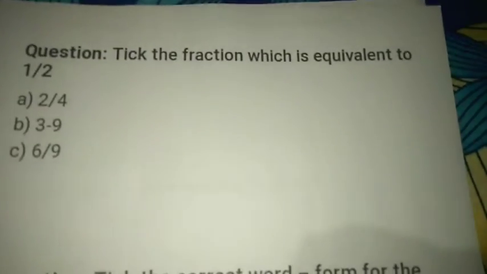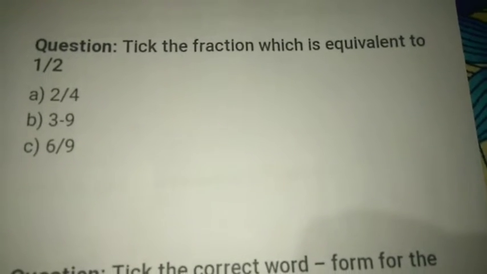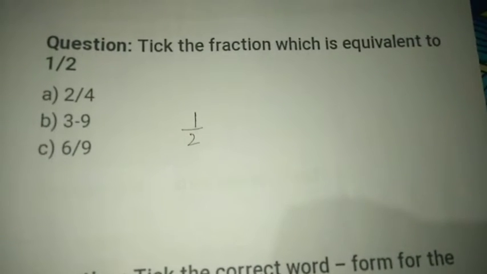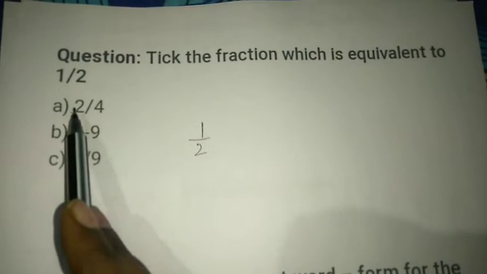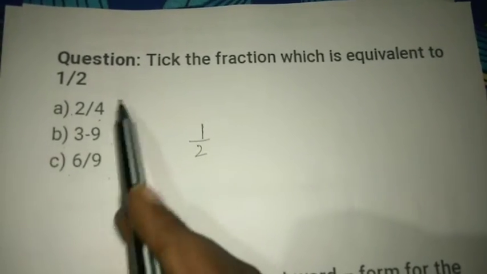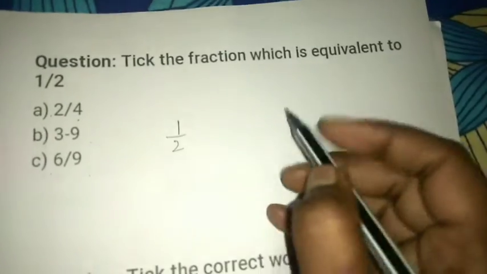Then the next page. Take the fraction which is equivalent to 1 by 2. The fraction is 1 by 2 and here the given options are 2 by 4, 3 by 9 and 6 by 9. So you have to check all the options.